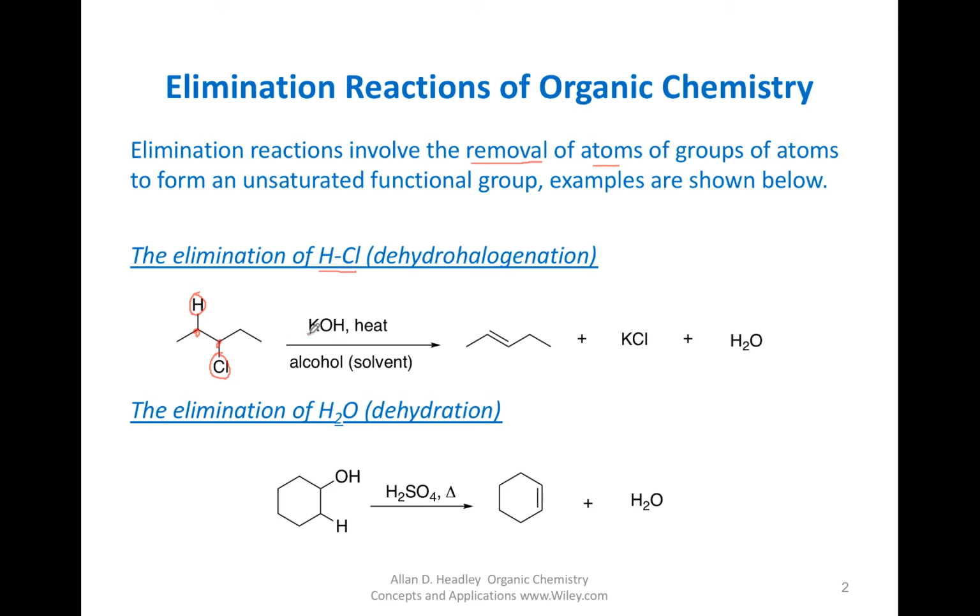In the presence of a base and heat, we get an alkene, a double bond, and of course some inorganic products. It's possible to eliminate water, H2O, and we have our alkene right here on saturation.